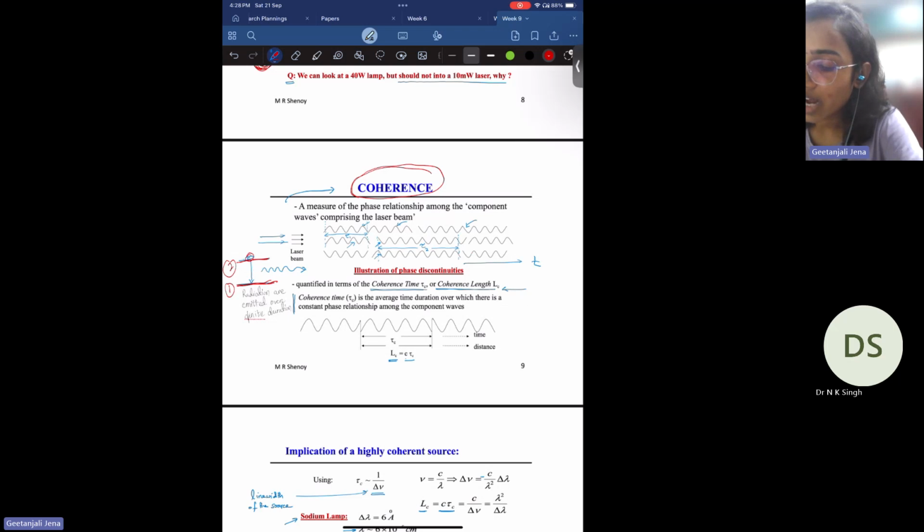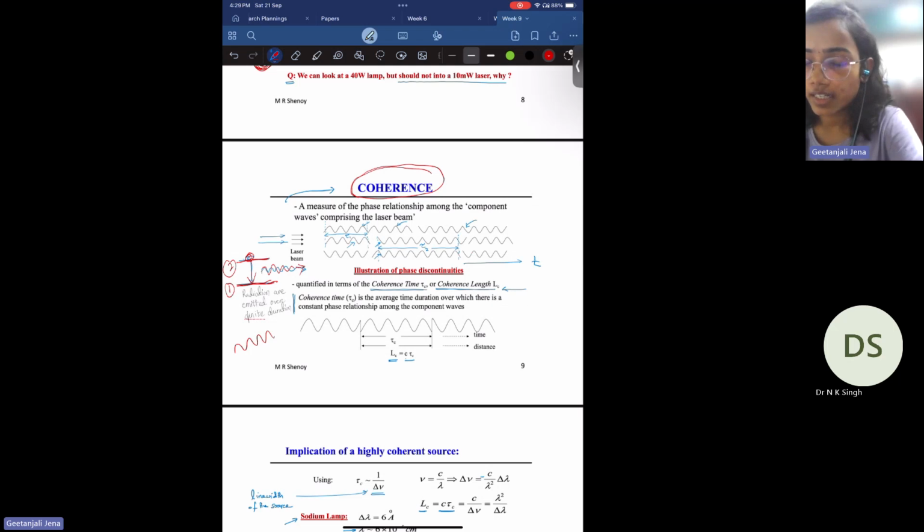Whenever the atom de-excites from the higher level to the lower level, it emits radiation for a finite duration. If you recall, this radiation, which has a particular phase relation, will be affected whenever there is a collision in the system. If you recall the collision broadening, it will change the phase relationship.